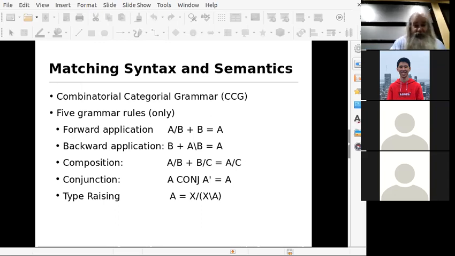Now, categorial grammar not only has 5 simple syntactic rules, but the semantics of them are just as simple. They also only have the same 5, and we can do semantics and end up with first-order predicate logic representations out of these rules.